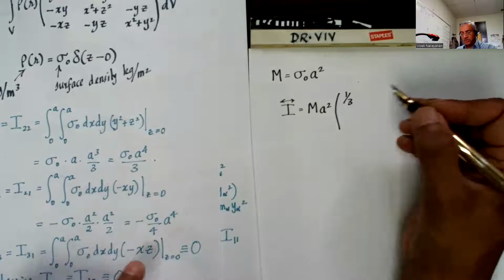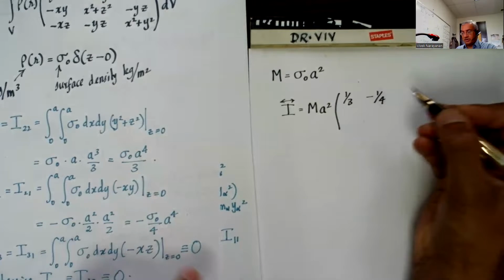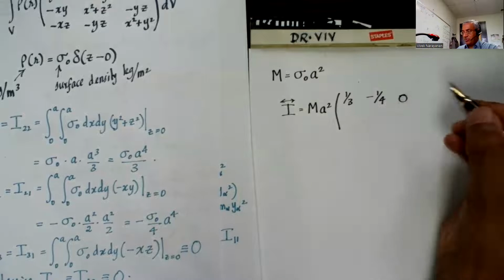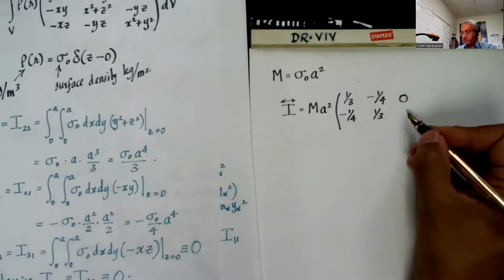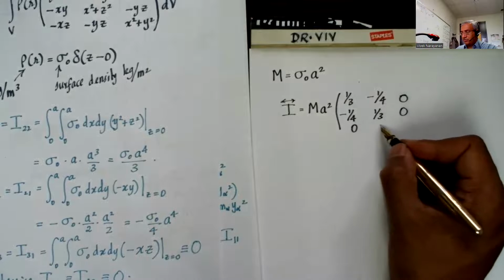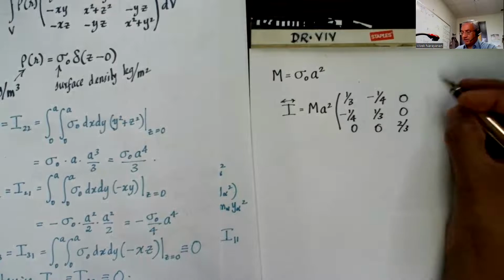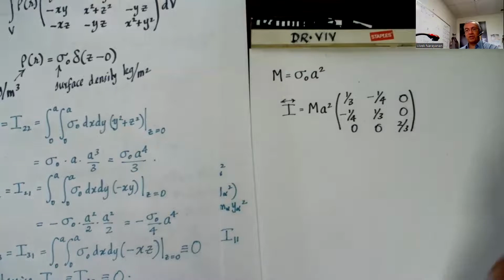So that's 1/3, that's -1/4, there's 0, -1/4, 1/3, 0, 0, 0, 2/3, thanks to the perpendicular axis theorem.